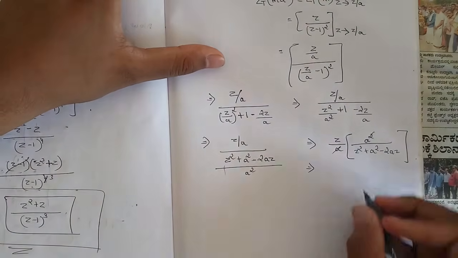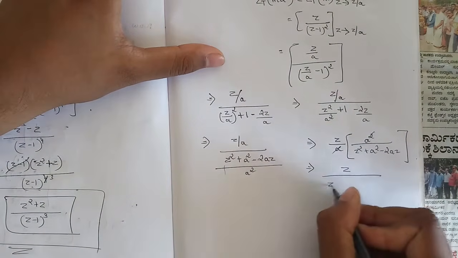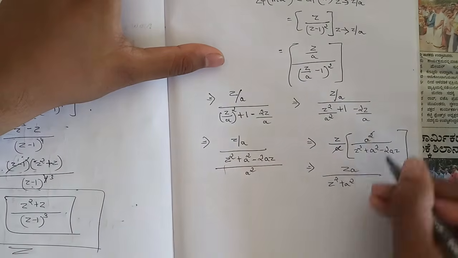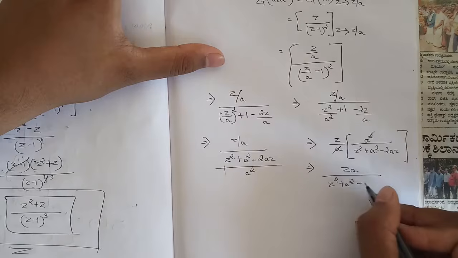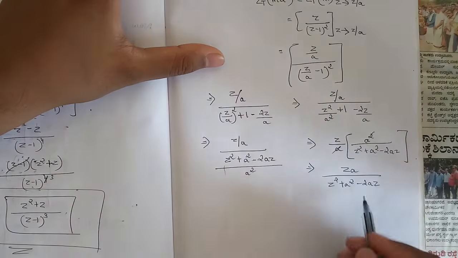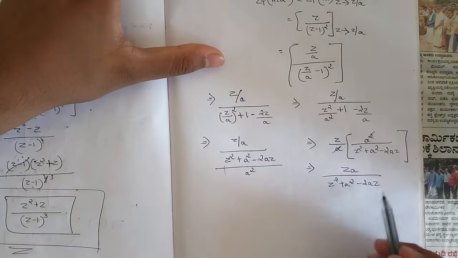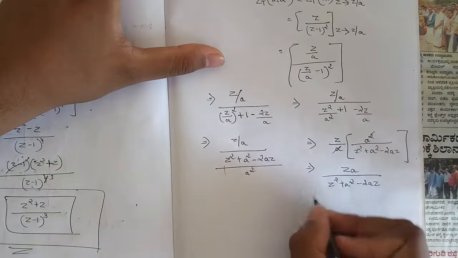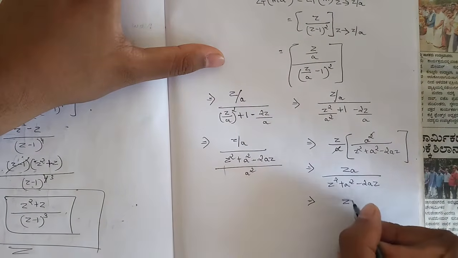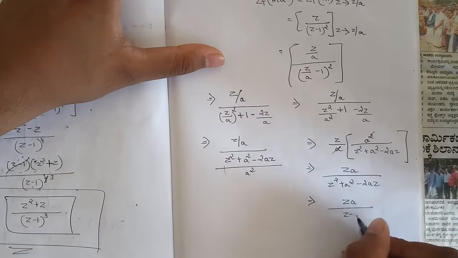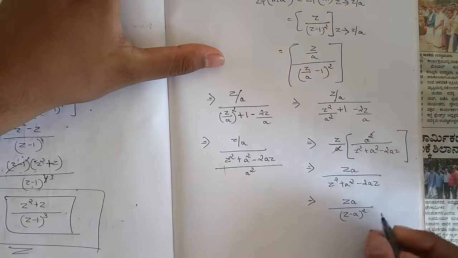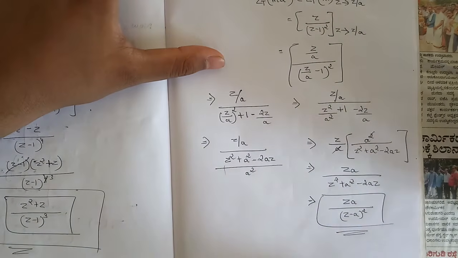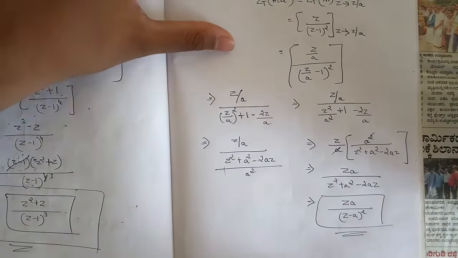So the final answer we get is za divided by z square plus a square minus 2az. This corresponds to the identity (a - b) whole square, right? So we can write the final answer as za divided by (z - a) whole square. So this is the required Z transform of n into a power n.